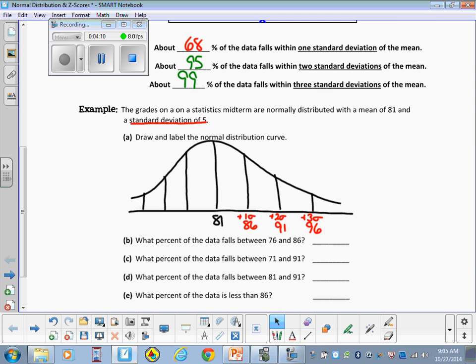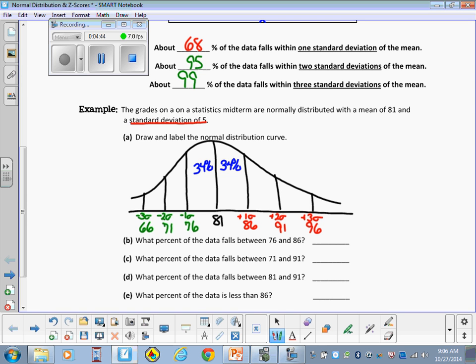Now let's go down. Down 1 standard deviation, 81 minus 5 is 76. Minus a second standard deviation, 76 minus 5 is 71. And down a third standard deviation, 71 minus 5 is 66. Keep in mind that this should be about 34% of the class and 34% of the class for a total of 68.